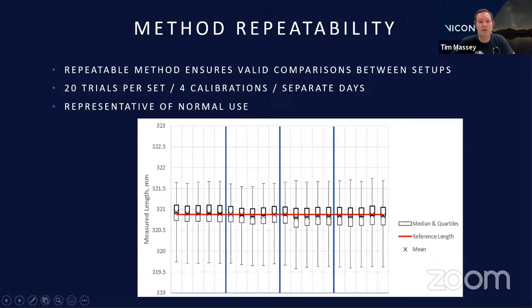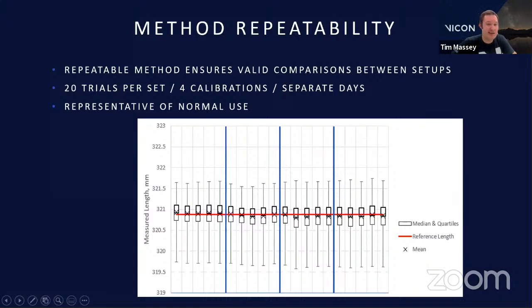So what we're making sure is that not only are we assessing the consistency from trial to trial, which obviously is very important and gives us a consistent result, we're also able to assess the consistency between different calibrations, and as much as is practical, potentially between different sets of environmental conditions as well. So does it change between days? Does it change between calibrations?